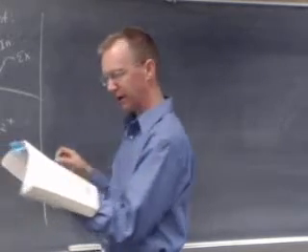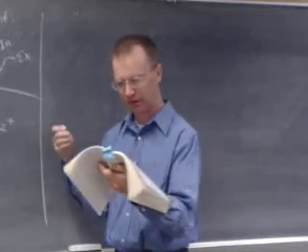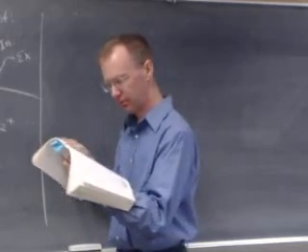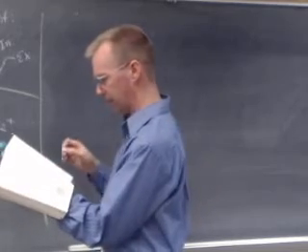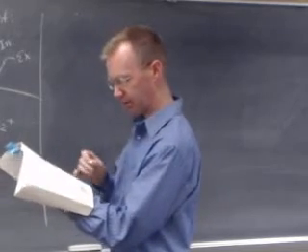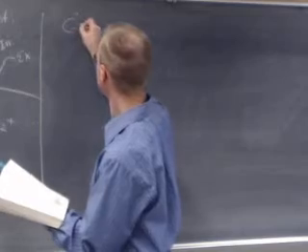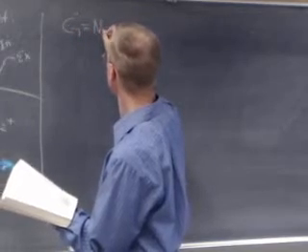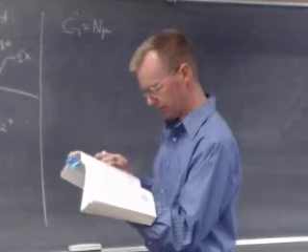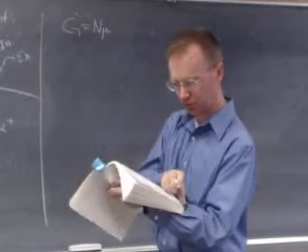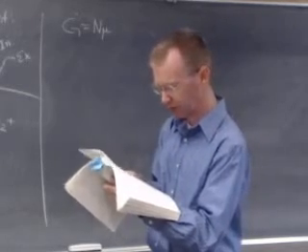We consider an amount of gas at a fixed temperature, and we're going to vary the pressure. So, by equation 5.35, which is G equals N mu, and he says 5.24, but that's not really as obvious.